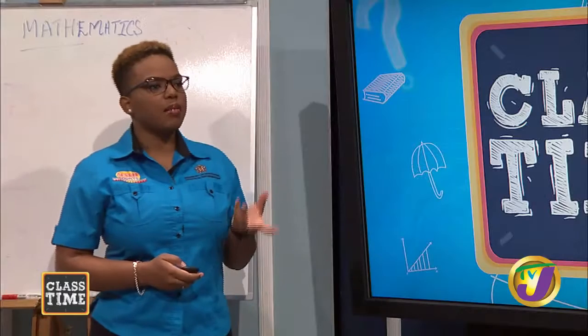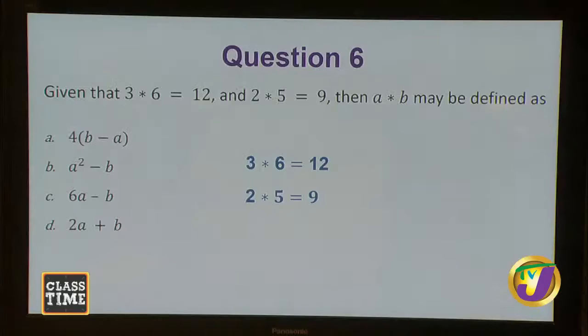Okay, so that means that I'm looking at these two equations because there are equal signs there. And I need to see what pattern I would have used to get these equations. So what would I have done to the 3 and the 6 to get 12? And I would have to do that very same thing to the 2 and the 5 to get 9.